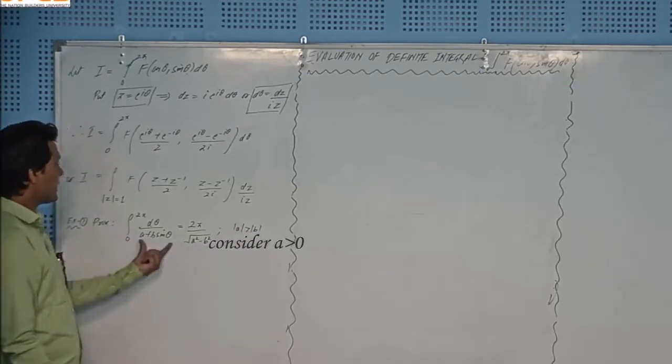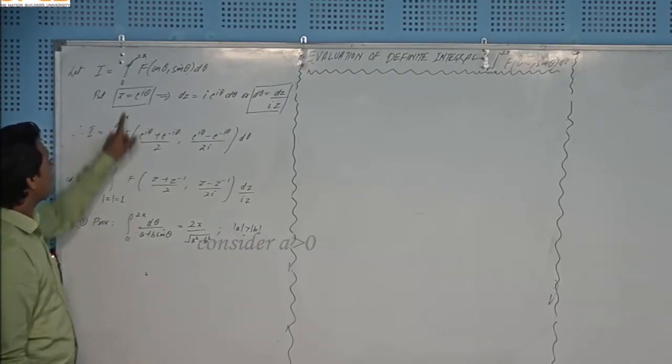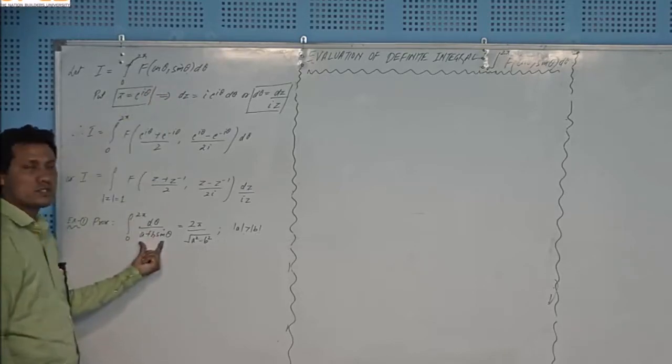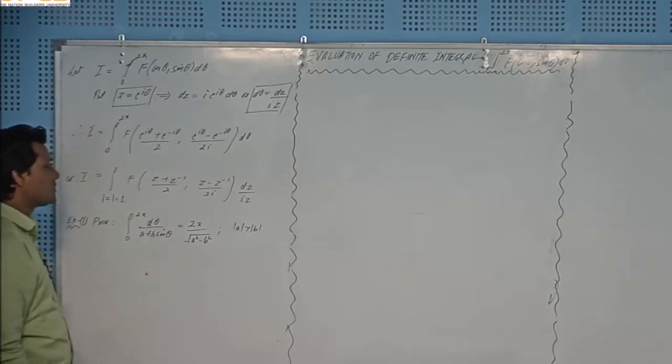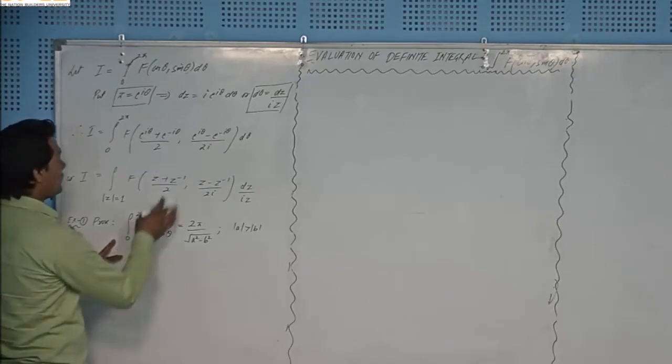You can see that this integral has limits 0 to 2π, and the function is of cos θ and sin θ. However, cos θ is absent here. So we'll use these substitutions.